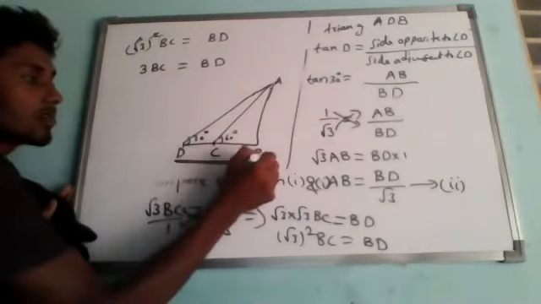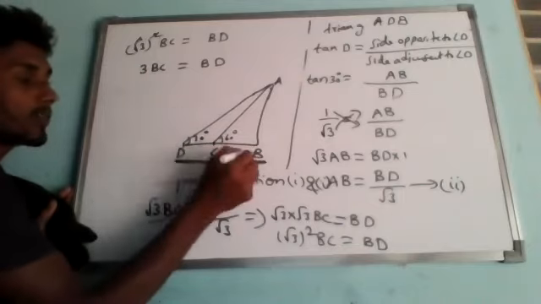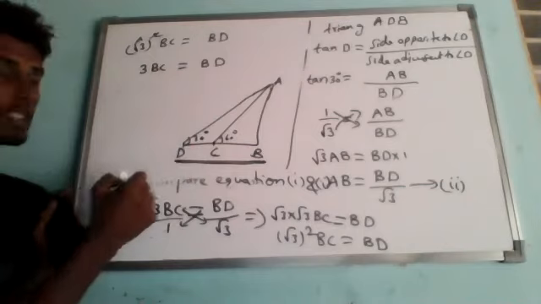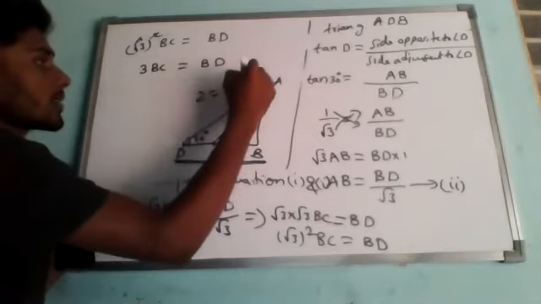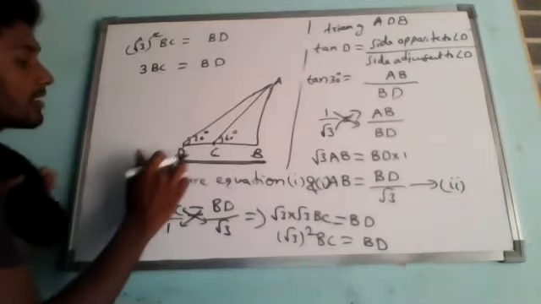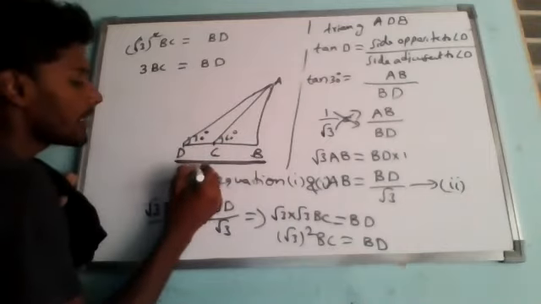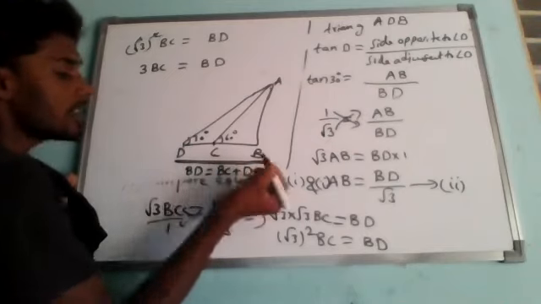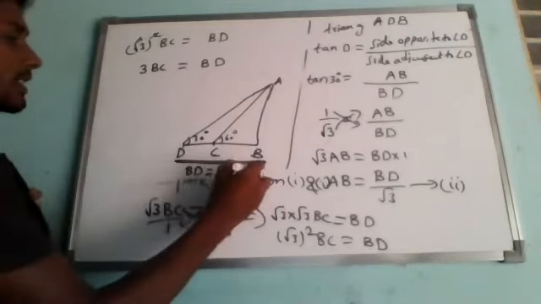Is it correct or not? So from the figure I can write BD equals BC plus CD. It is like 2 equals 1 plus 1. You can write DC or CD, anything.